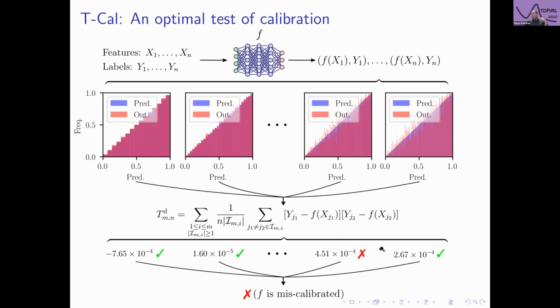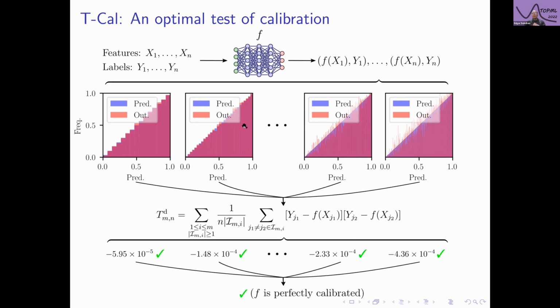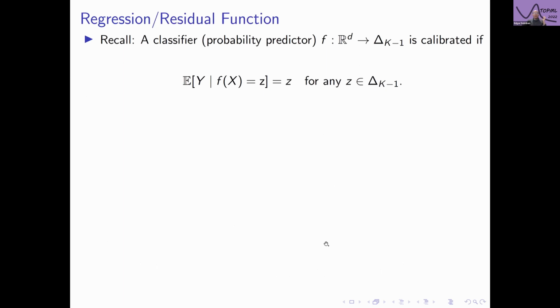So if at least at one level the hypothesis of calibration is rejected, then we say, okay, it's not calibrated. On the other hand, if it's accepted at all different levels, then we also accept, or do not reject, the null hypothesis of calibration. All right, so that's just the overview, and now I will go into the details a bit more formally.